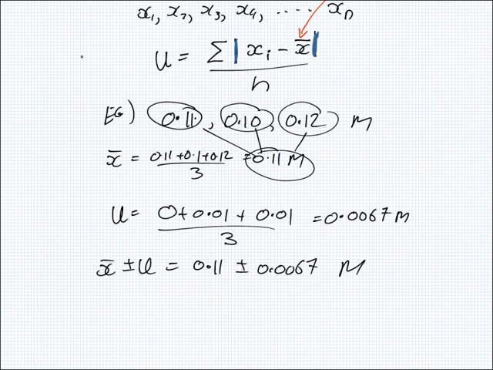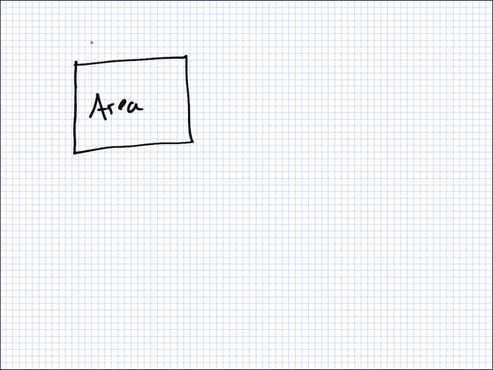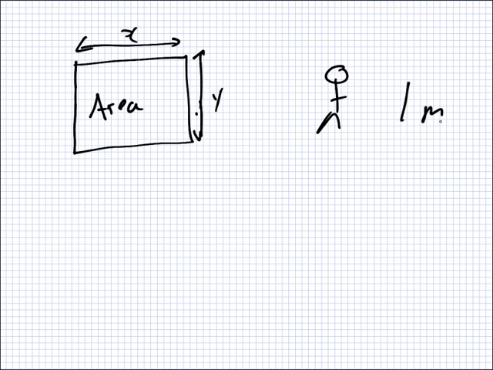Okay. So, I know you did this with Lorraine for sure. Suppose we're measuring something like area. Then we have two measurements, x and y. Or suppose you're measuring a person's height, but you only have a 1 meter stick.